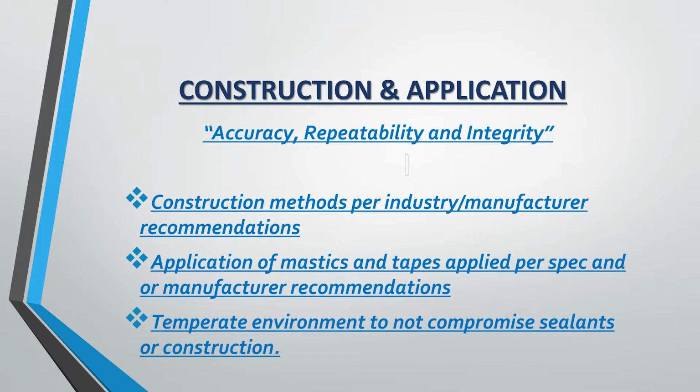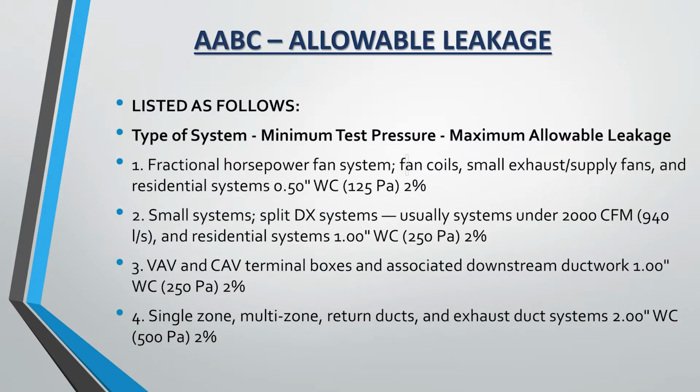We talked about temperate environment. So the AABC Chapter 5 has a list, if you will, of allowable leakage, and this is their recommendation. We saw earlier that SMACNA had a list, a little chart. They also have a bar chart.